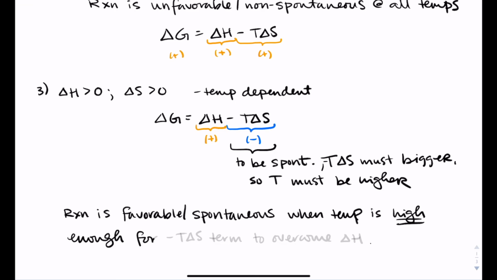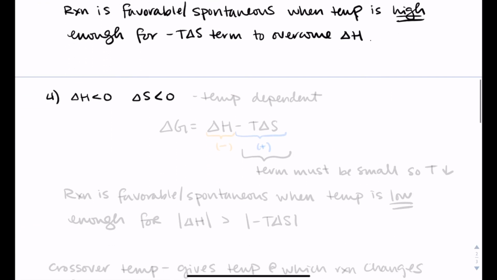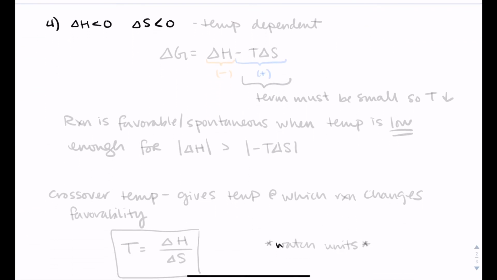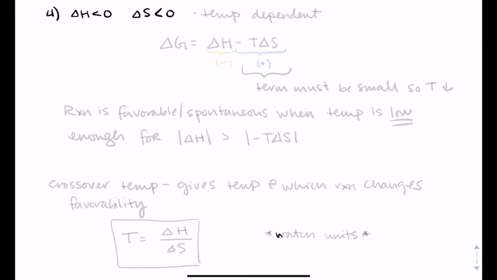Last scenario, also temperature dependent, when delta H is negative and delta S is negative. So delta H is negative, exothermic. If delta S is negative, then negative T delta S is positive. So again, I'm adding a negative and a positive number. My result will depend on their relative magnitudes.